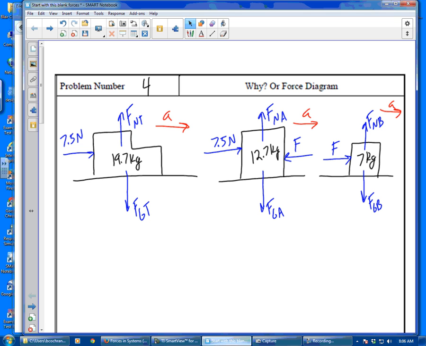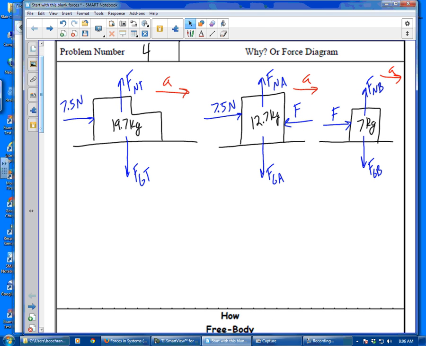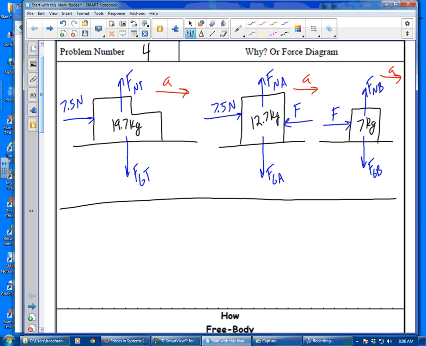We'll do that. It would actually be a different set of force diagrams, but we'll do that on the lower part. All right. So acceleration. I'm going to use the system for my acceleration.